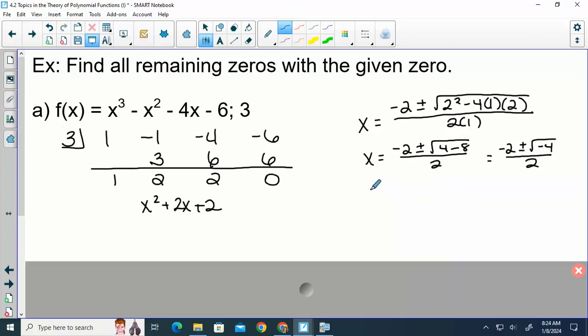Right, what is the square root of negative 4? 2i. So we get negative 1 plus or minus i.